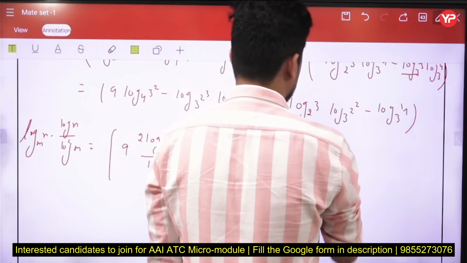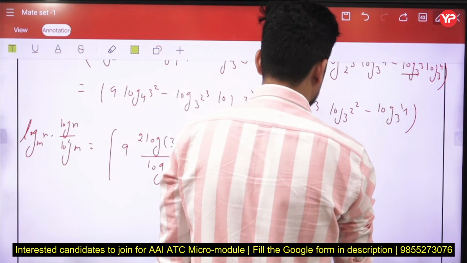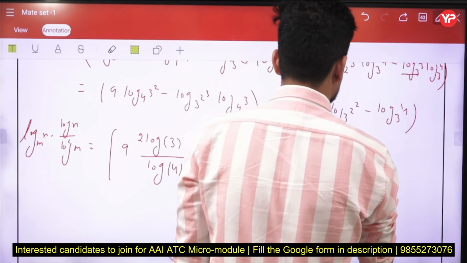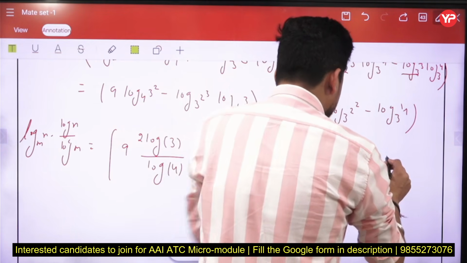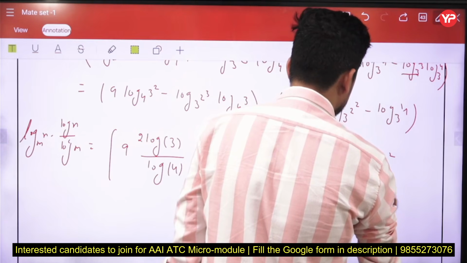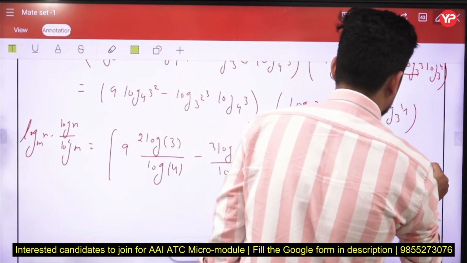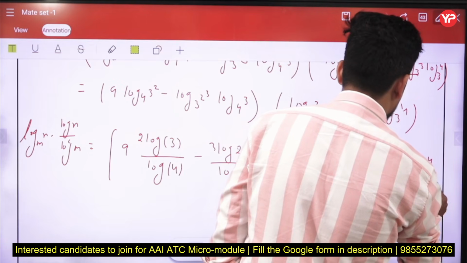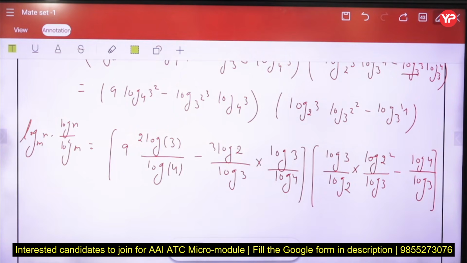Similarly, we have to write it here, log of 3, log of 2. I am converting all of these into the same base: log of 2 to the power 2 divided by log of 3, minus log of 4 by log of 3. Yeah, we converted it. Which terms are cancelling? Just cancel that one, right? Which is left, you have to leave that one.